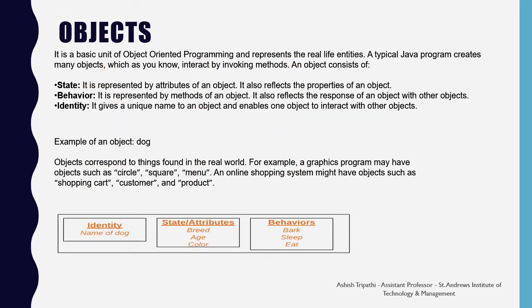Object is the basic unit of object-oriented programming and represents real-life entities. You know from the previous video that every object has state, behavior, and identity. In this way, objects represent real-world things.